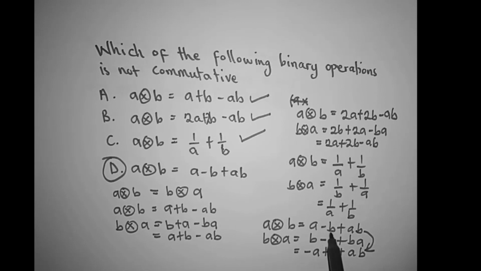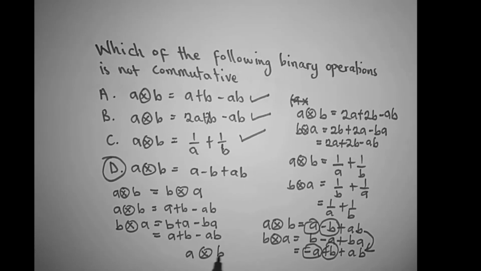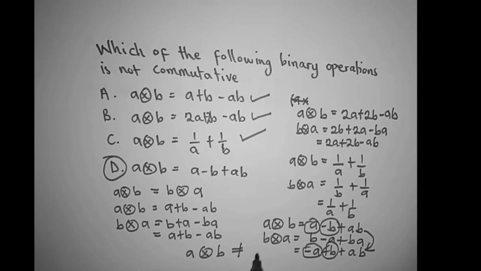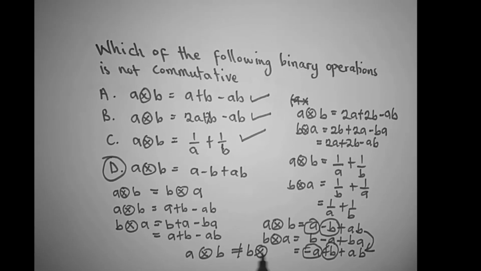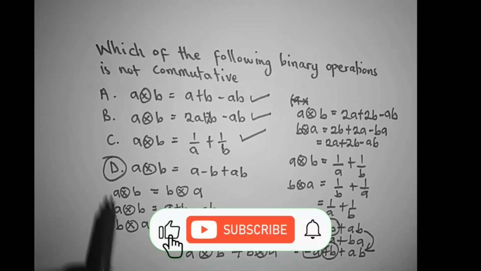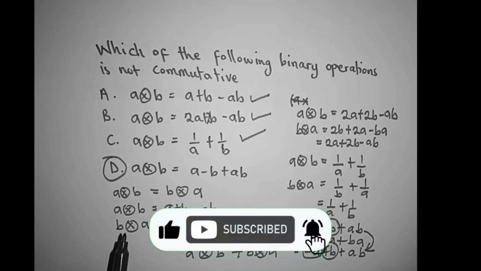Then here is minus B, but here we have plus B, so they are different. And here is plus A, but here we have minus A, which are also different. So A operation B is not equal to B operation A. And that is why D is the correct answer.